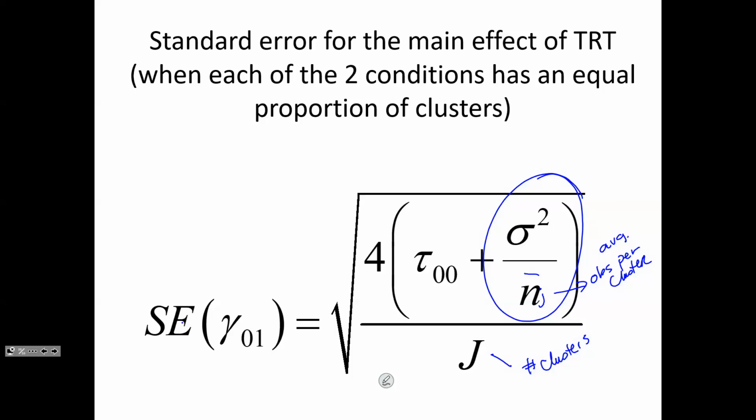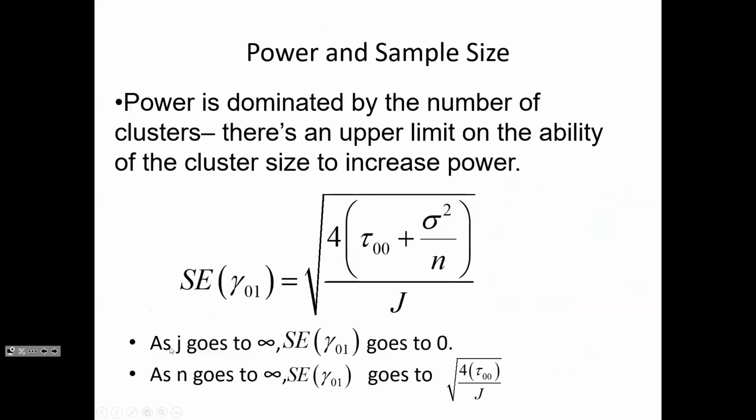And you can also see, maybe it's a little less obvious, how the ICC is coming into play, because remember there are only 2 pieces of information in the ICC, the tau naught and the sigma squared. Here's sigma squared right here, and here's tau naught right here. So that, again, is the essential formula that really determines how power works.